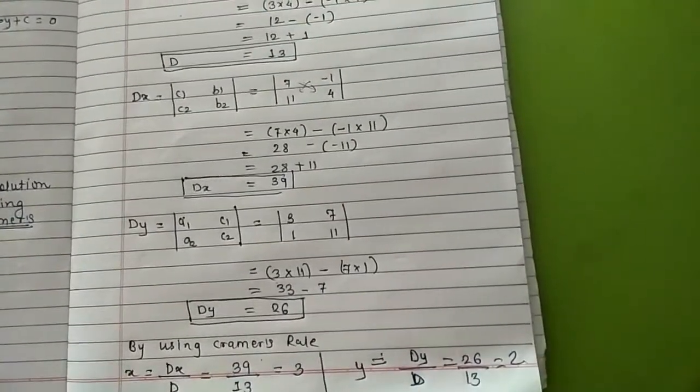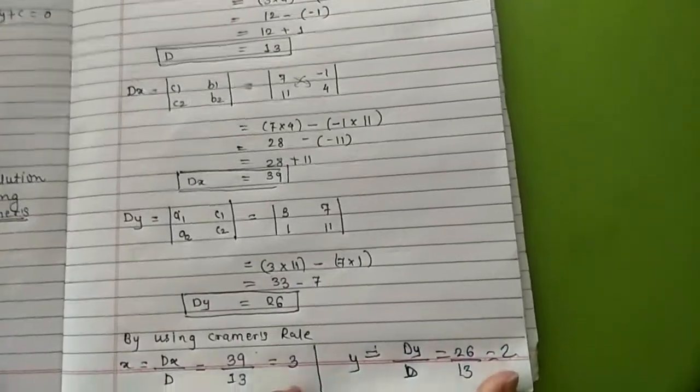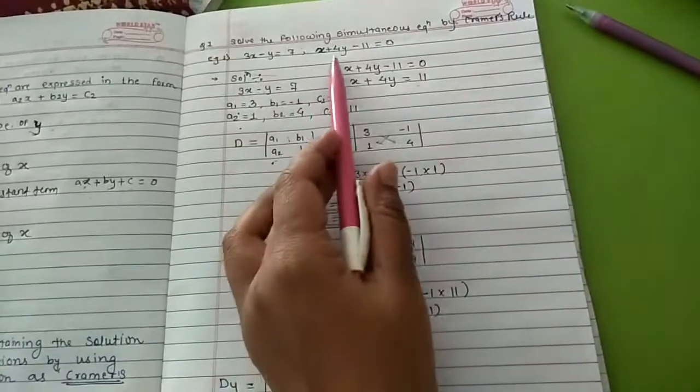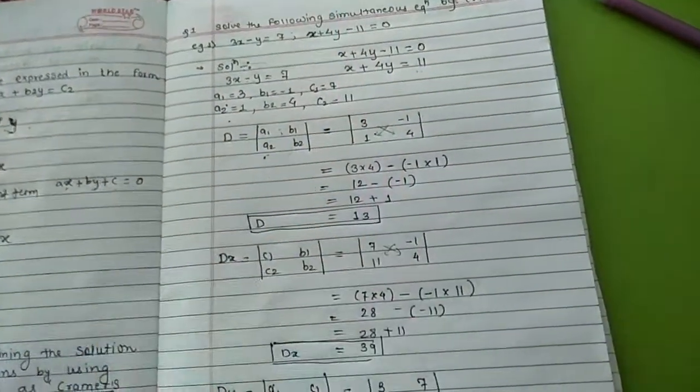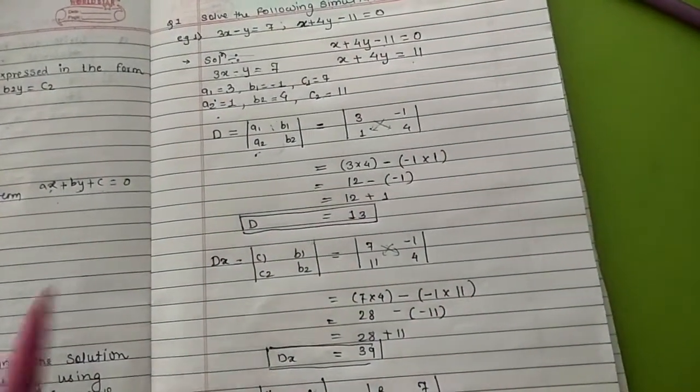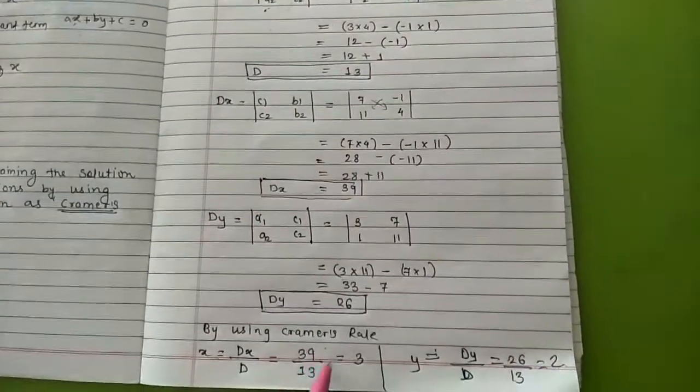And if you want to verify this answer, if you solve this equation by using the simultaneous equation, our old method, that is elimination and substitution method, then also you will get this same answer.